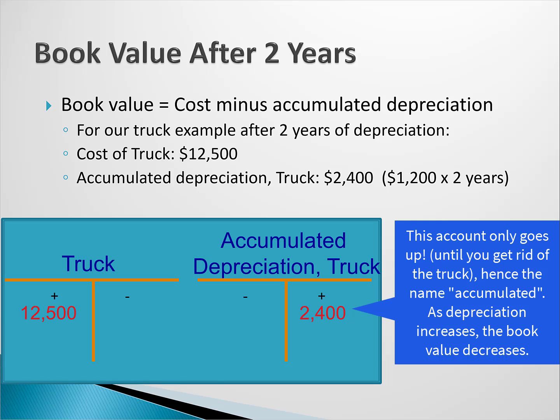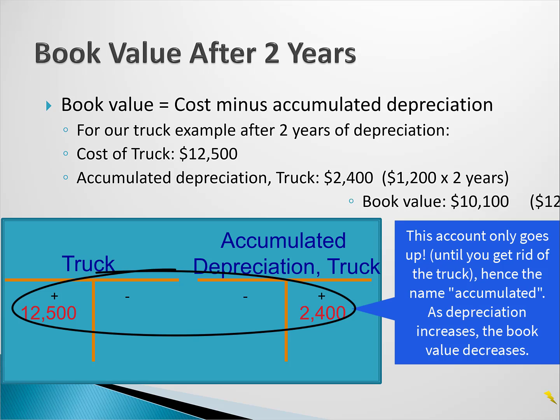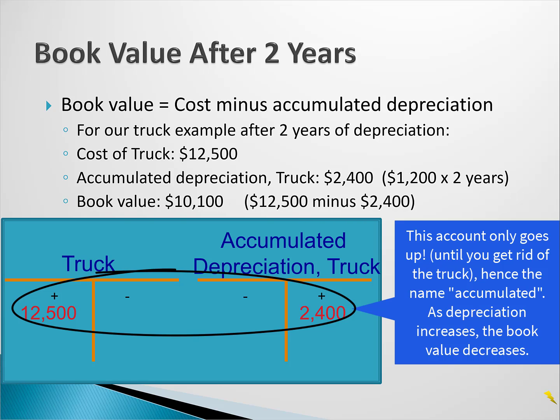So what's the book value of our truck after 2 years? It's 12,500 minus 2,400, which is $10,100. So gradually over time, the book value of our truck will approach zero, and it will eventually get to zero. So that's your introduction to depreciation.